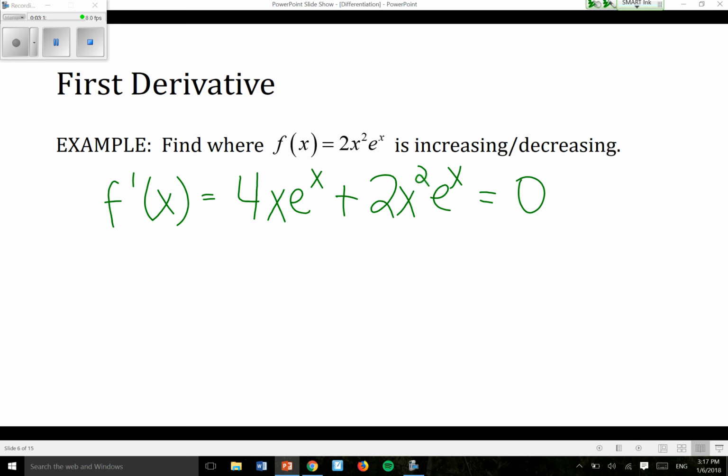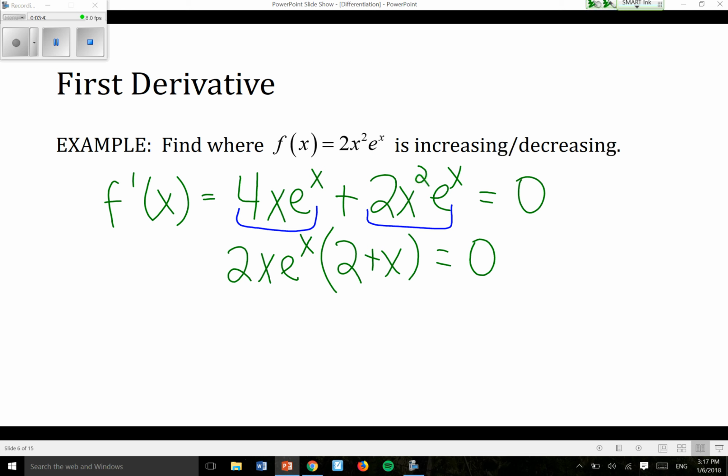I'm going to figure out what these two terms have in common. I see that they have a 2, an x, and an e to the x in common. So I'll factor that out. In this first term, if I pull out a 2x e to the x, I'm just left with a 2. And in the second term, if I pull out a 2x e to the x, I'm just left with x.